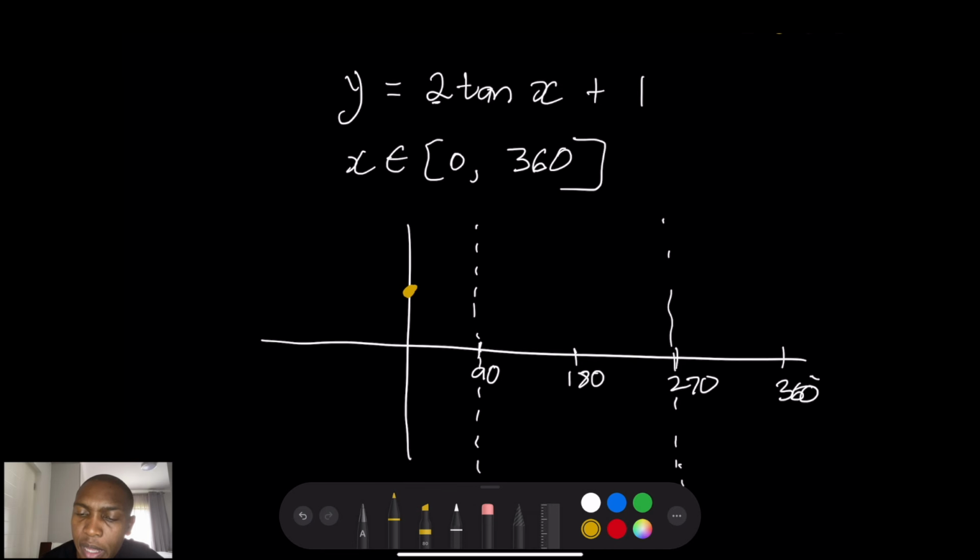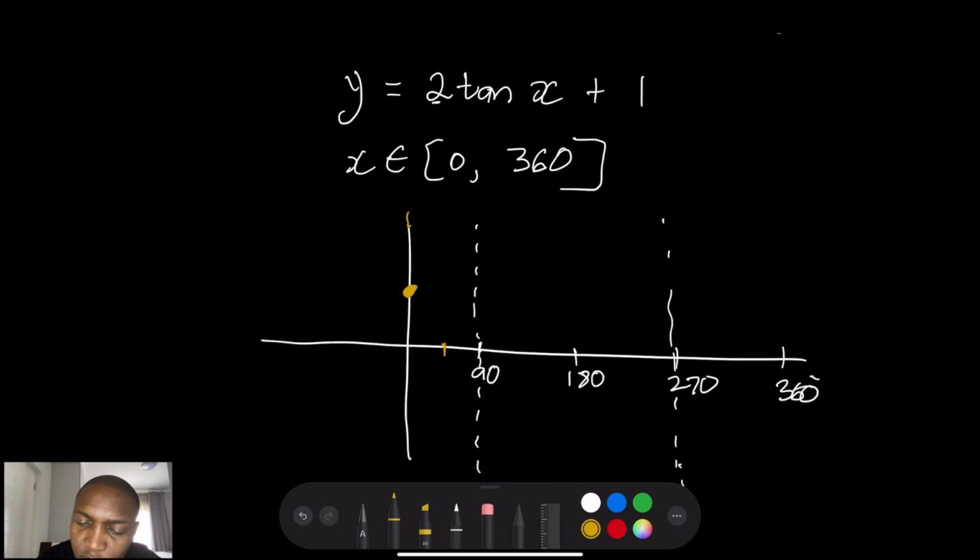Okay. So in that particular case, let's take tan of 45, because we know at 45, tan of 45 would be 1 under normal circumstances, right? So now you'll say 2 tan 45, so that's 2 times 1, which is 2, plus 1, which means at 45, it would not just be 1, but it would actually be at 3.